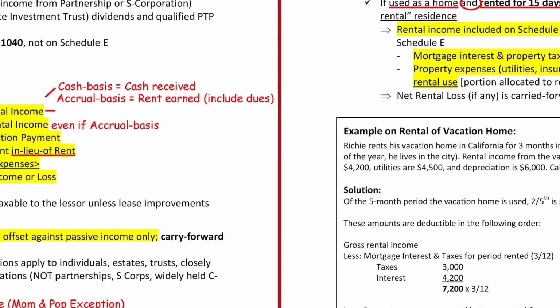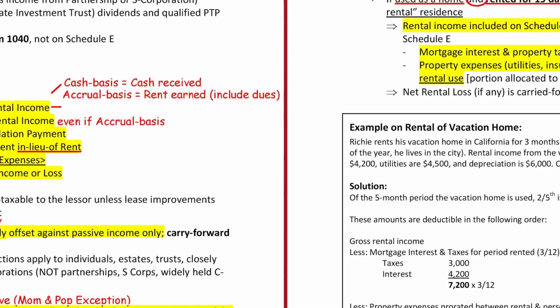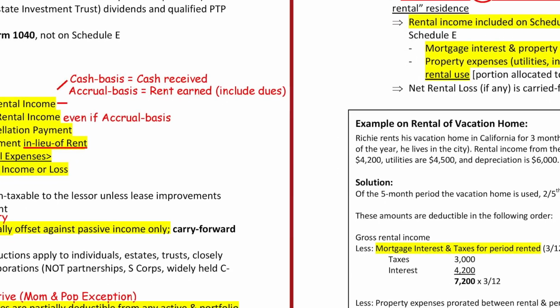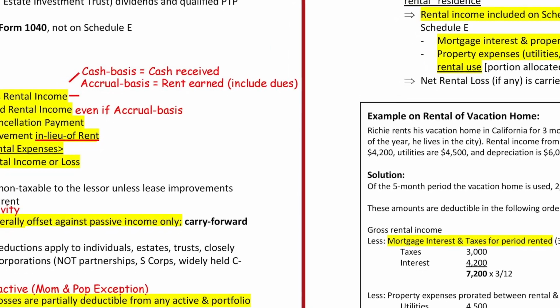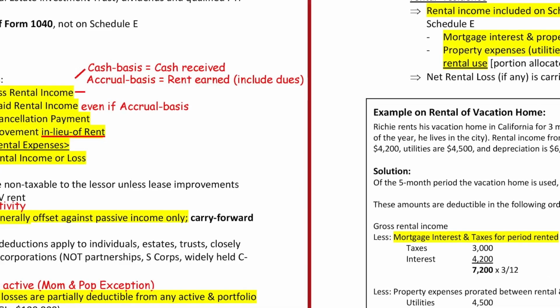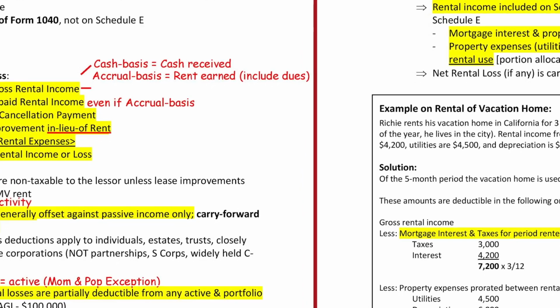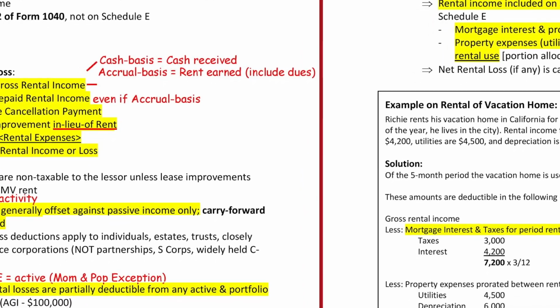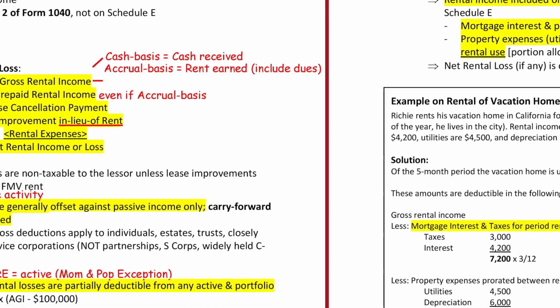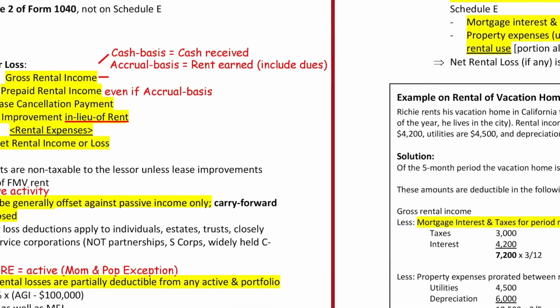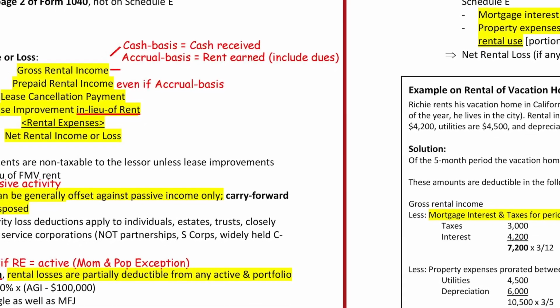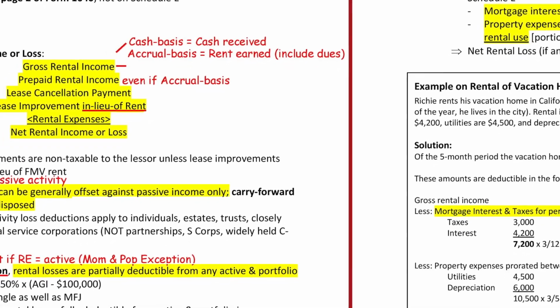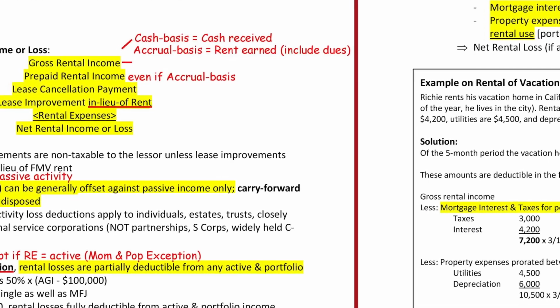The expenses that we've seen are mortgage interest and taxes, and we're going to expense on Schedule E for the period rented. So the vacation home is rented for 3 months in a year out of a total of 12 months. So taxes of $3,000 and interest expense of $4,200, total $7,200, is multiplied by 3 over 12.